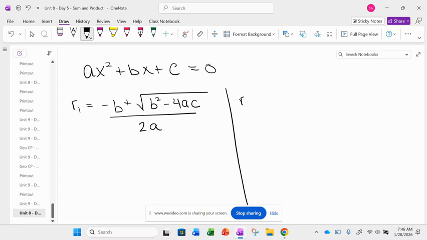And the second root is going to be -b minus the square root of b squared minus 4ac all over 2a. Yes? Okay, so let's keep going here.